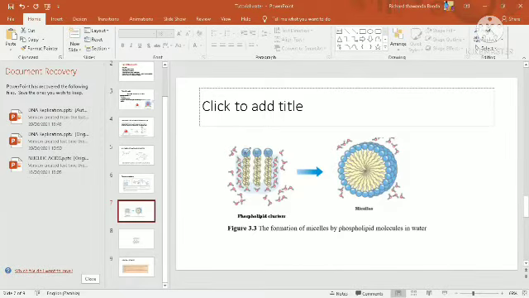So if you look at the images here, you have these blue structures here which are able to interact with water.